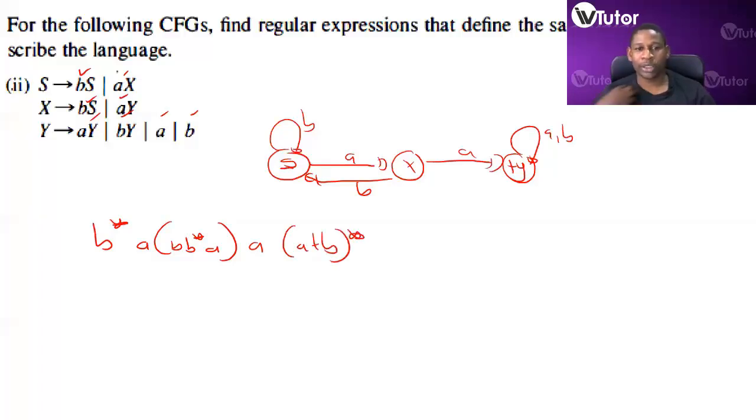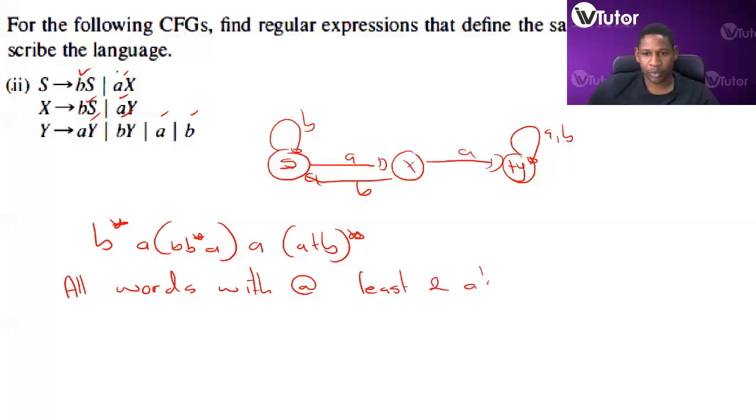Right? So it's a language of all words with at least two A's, okay, and one B, two A's and a B between the A's.